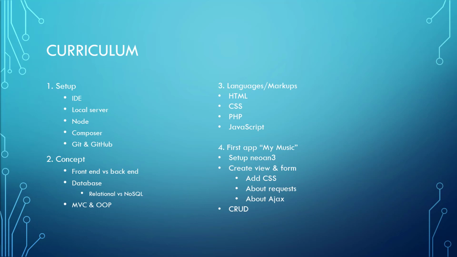Then in the third bracket, we're going to talk about languages and markups. We're going to talk about HTML, CSS, and then I chose PHP as the backend language and JavaScript as the front-end language. That is a very, very secure and robust stack you can work with.